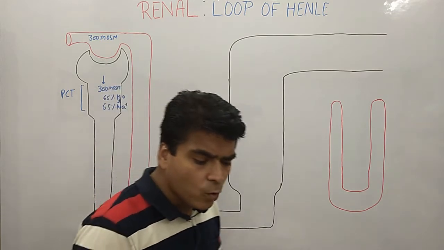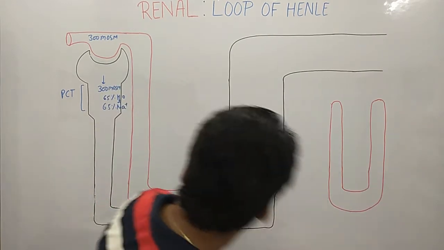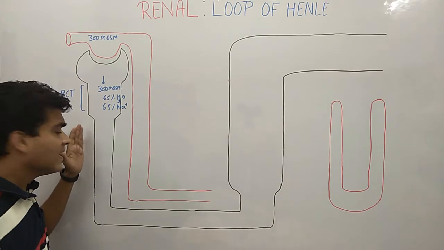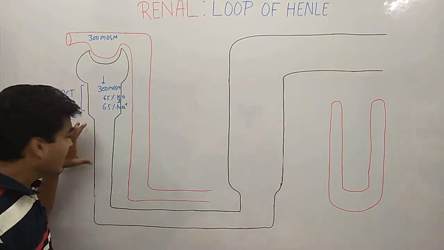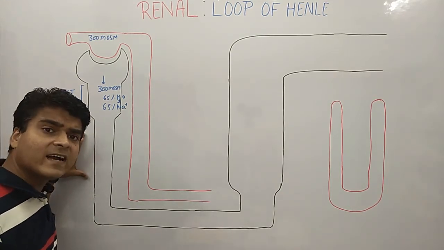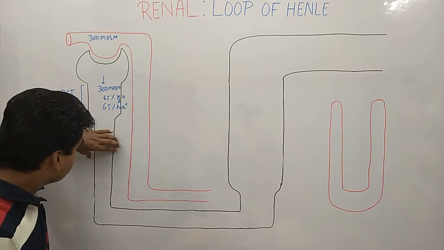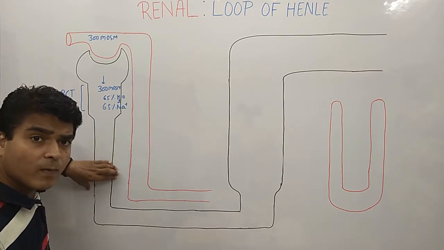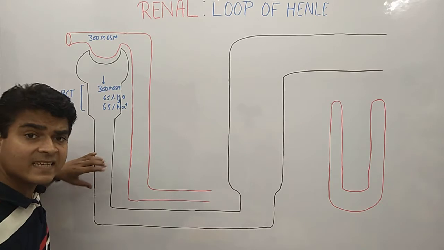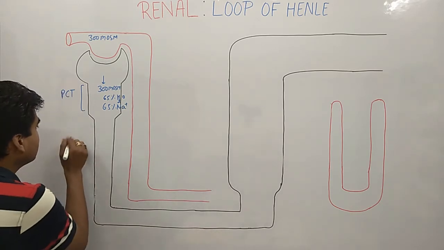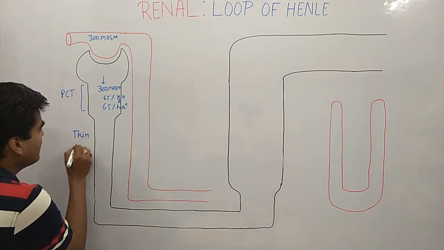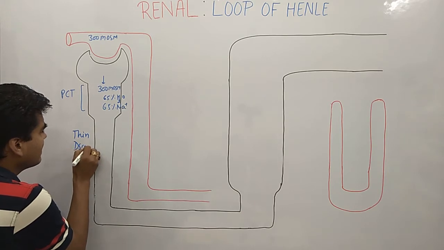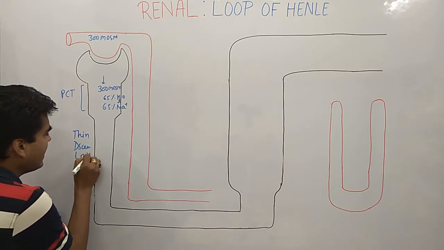If you look at the loop of Henle, this is the descending loop of Henle. The loop of Henle is divided into three parts. The first one is the descending loop of Henle. This is the thin region, the thin descending loop of Henle. Clear?